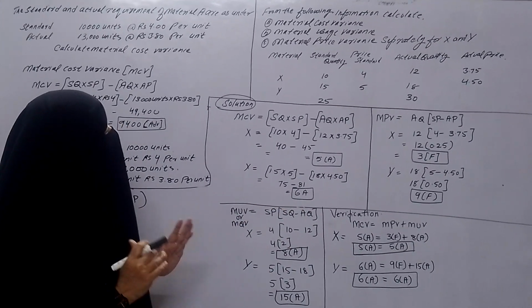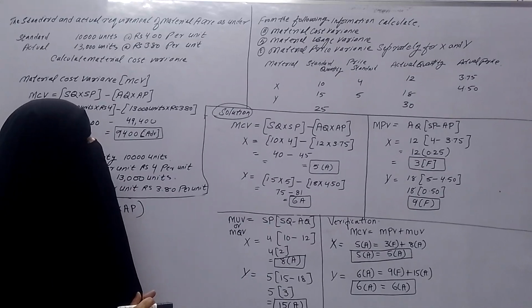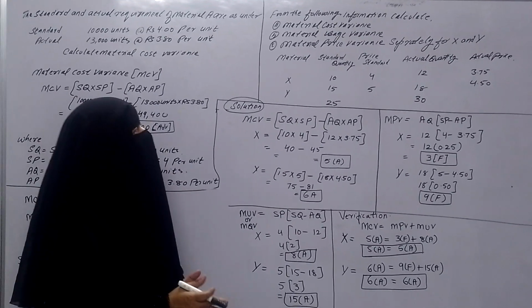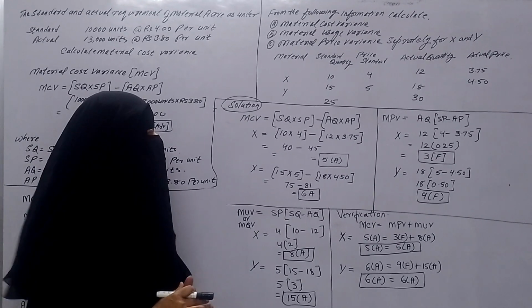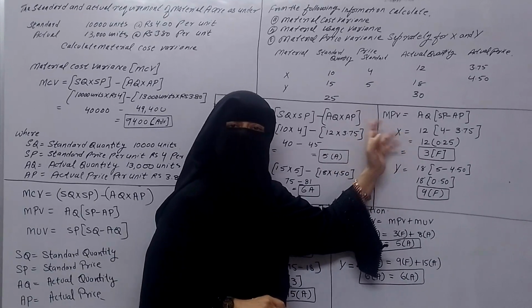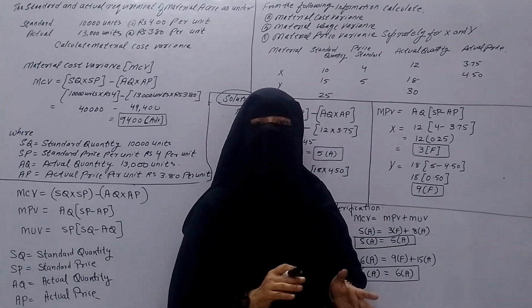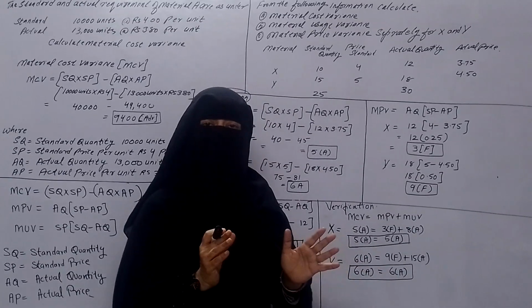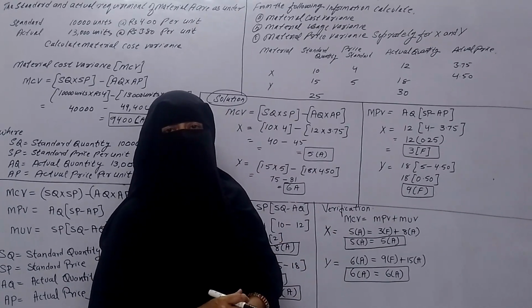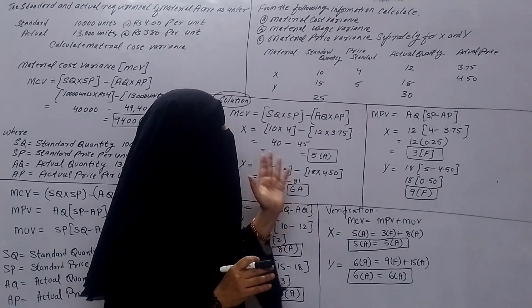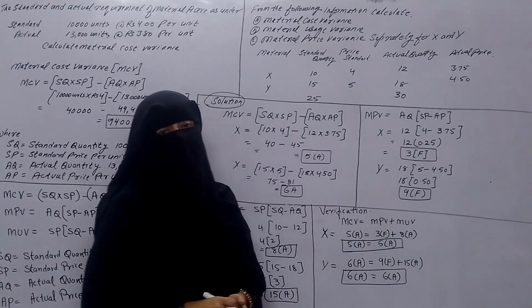Now, next is asking you to calculate material usage variance. But before that, we calculate material price variance. For material price variance, the formula is AQ bracket SP minus AP. In the bracket, we have to write the prices, SP minus AP, because we are calculating material price variance.